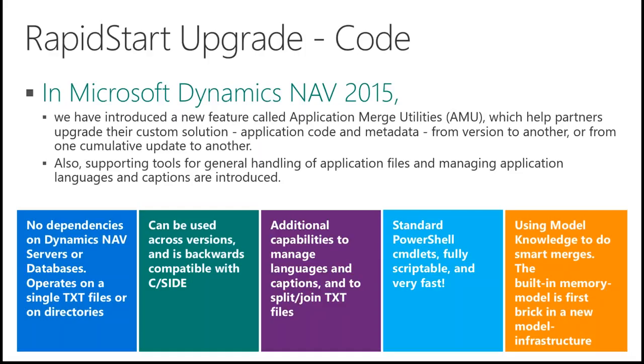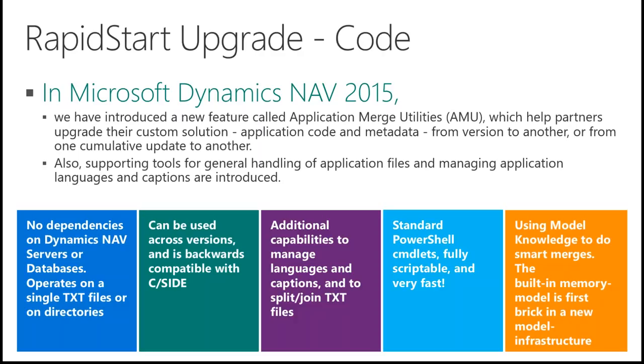And again, specifically designed to help our partners for upgrading your code and metadata from one version to another. So for example, if you're a customer on NAV 2013 or NAV 2009, and on 2009, to use the code upgrade, you have to be running the pages.